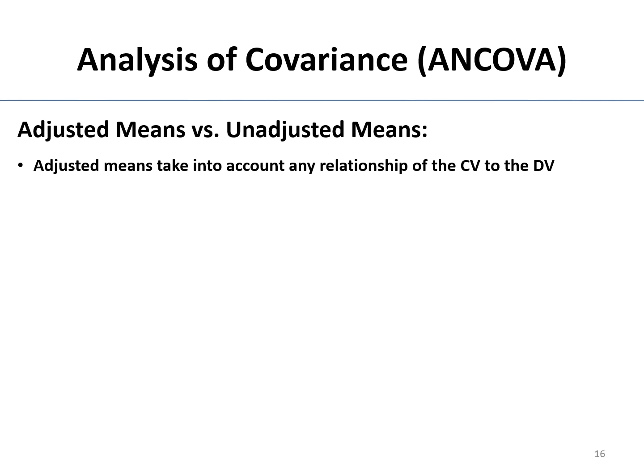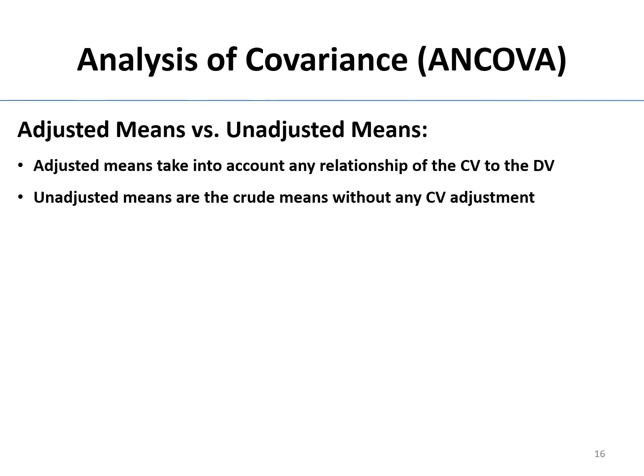They are adjusted for that relationship statistically. This is what we mean when we say statistically equalizing groups. The unadjusted means are just the crude or unadjusted means without any of the covariate adjustments. So they are the same means that you're used to seeing in analysis of variance, without any fancy linear regression to adjust means for the effects of covariates.